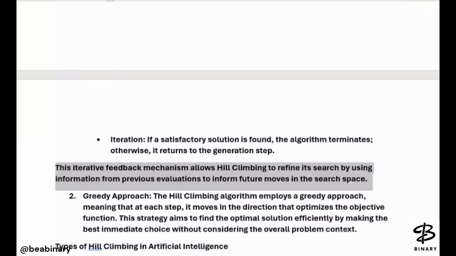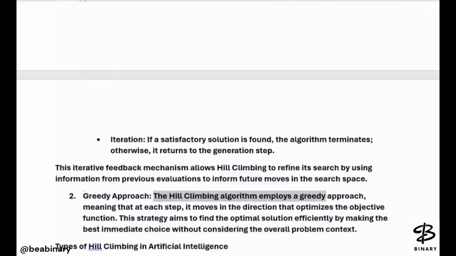Then the greedy approach. What is a greedy approach? Another feature of hill climbing is that it is a greedy approach. How? The hill climbing algorithm employs a greedy approach, meaning that at each step, it moves in the direction that optimizes the objective function.